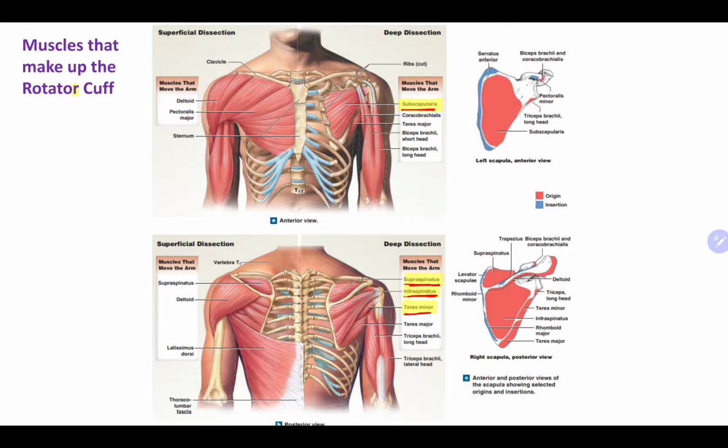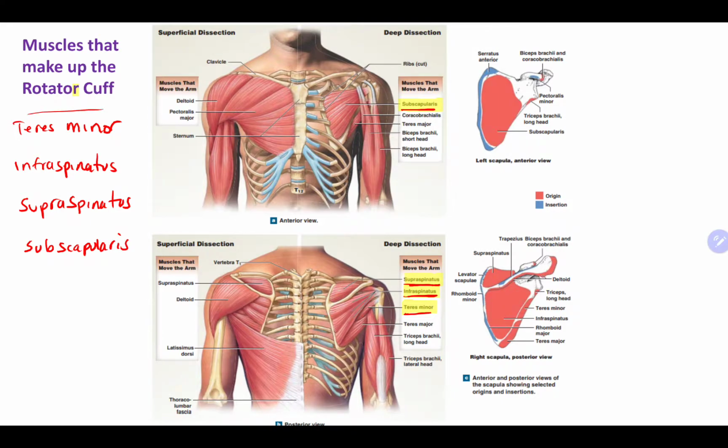Remember those muscles because they make up the rotator cuff. So write it down: teres minor, infraspinatus, supraspinatus, and subscapularis.